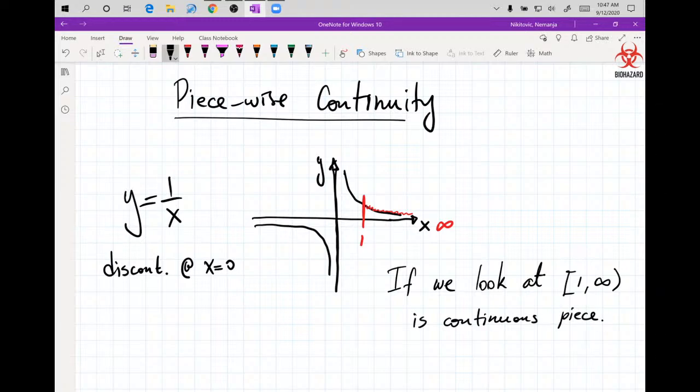It's a continuous piece. So piecewise continuity takes a look at the different pieces of the function, because sometimes you just need a piece of the function to work. You don't need the entire function to work.